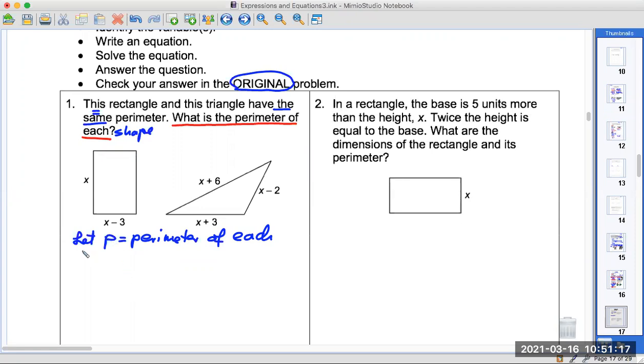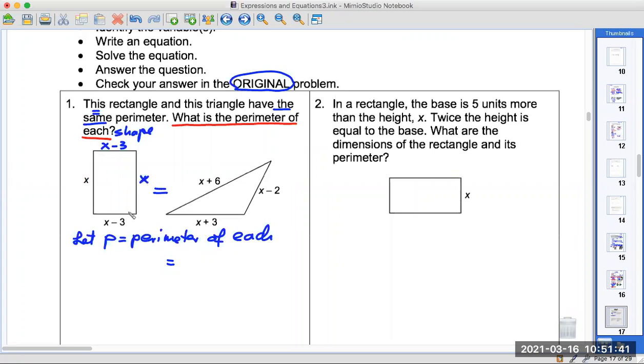Now I have to write an equation, but the perimeter is all sides, so there's something missing. This side is called x. This is x minus 3. This is x, and this is x minus 3, because it's a rectangle. So now I have to add all these sides. Remember, this is equal to that.